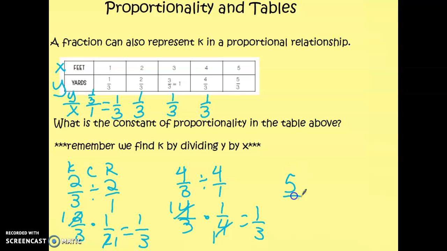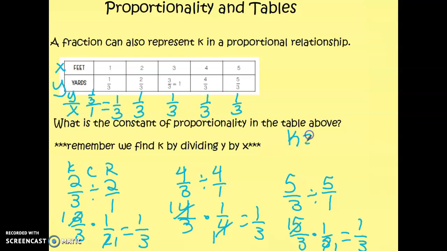Same as the last one, 5/3. Don't forget the change to reciprocal part. So the constant of proportionality in this table is 1/3, not 3, but 1/3.